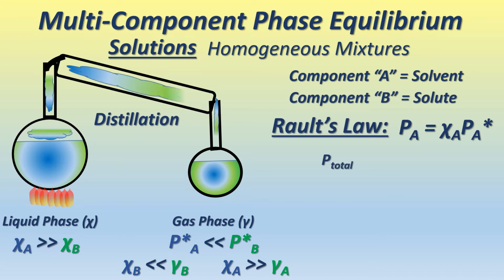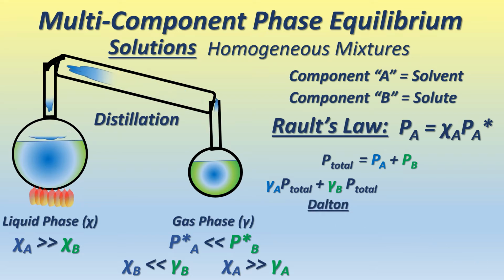Total pressure of the system will simply be equal to P of A plus P of B. But there are two ways to derive this. First of all, the pressure of A plus B would be the fraction of A in the gas phase times the total pressure, plus the fraction of B in the gas phase times the total pressure. That arises from Dalton's law of partial pressures and governs the behavior of the gas phase.